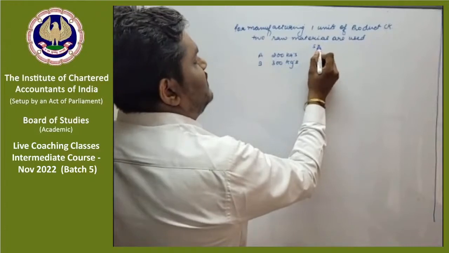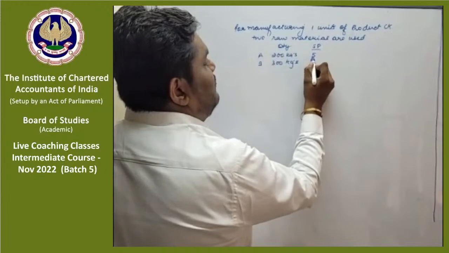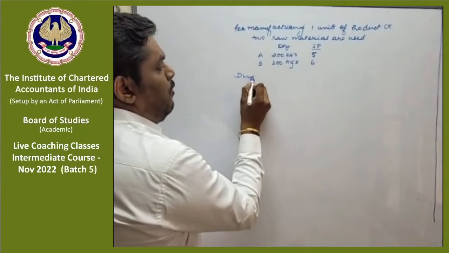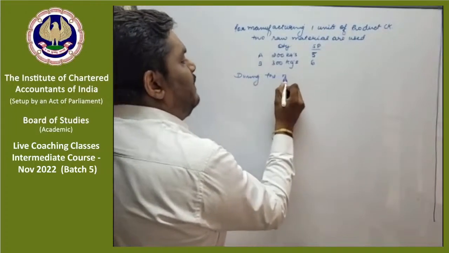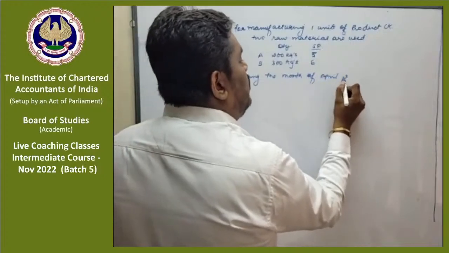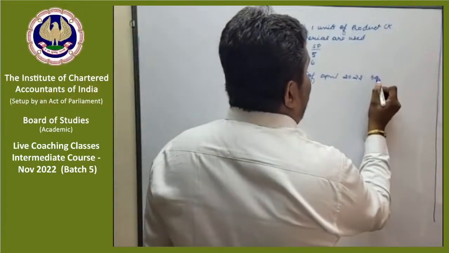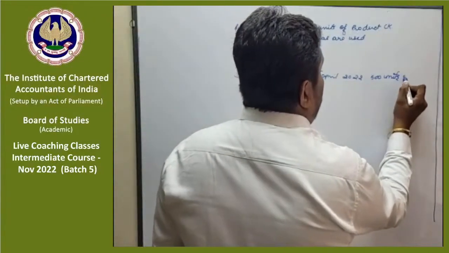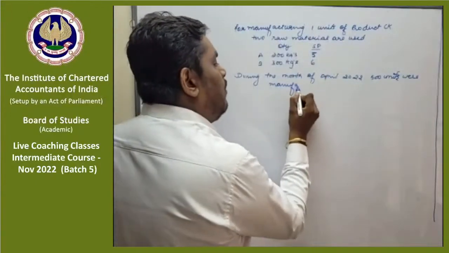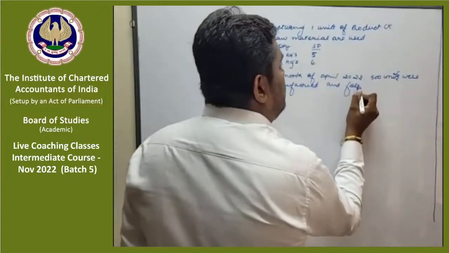The price at which it should be purchased is given, that is, it is 5 and it is 6. Now, during the month of April 2022, 500 units were manufactured. And following raw material was used.